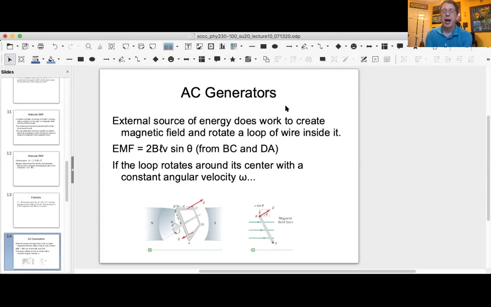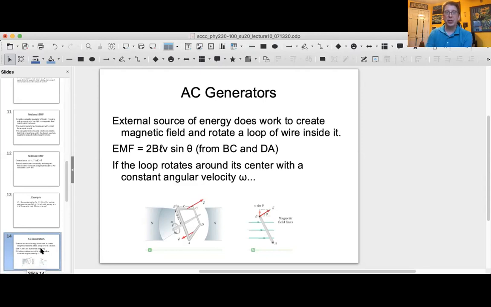So it's 2BLV times the sine of theta. That's the induced EMF within the wire. Now, if the loop rotates around its center with a constant angular velocity omega, the angular velocity is equal to V divided by R, the radius of rotation.